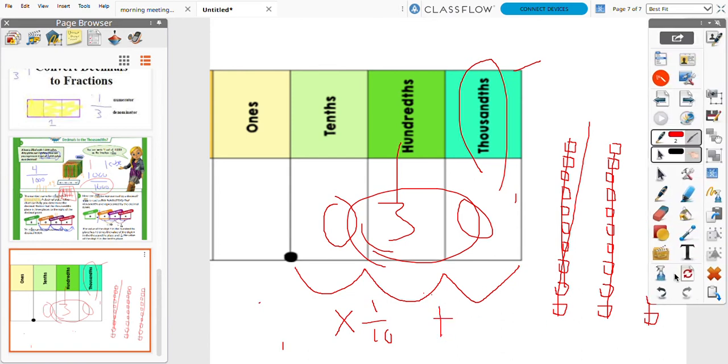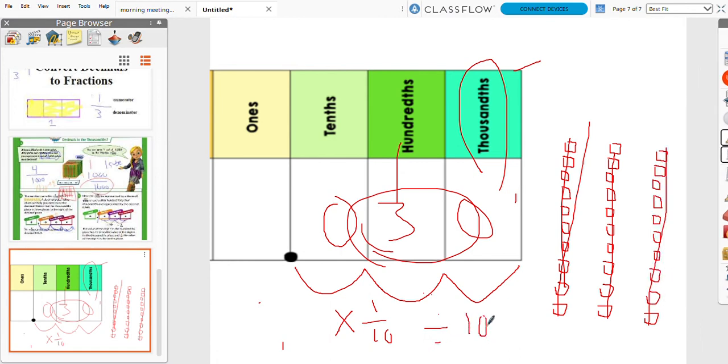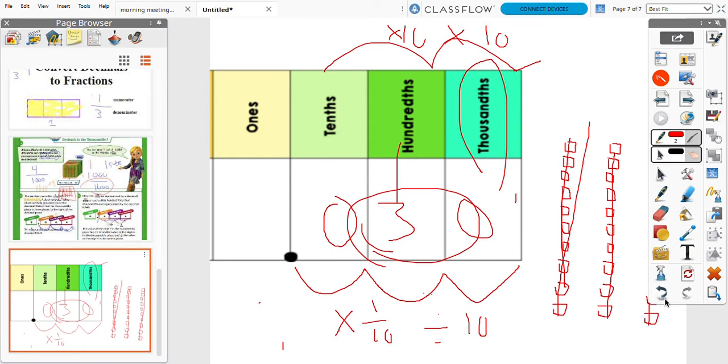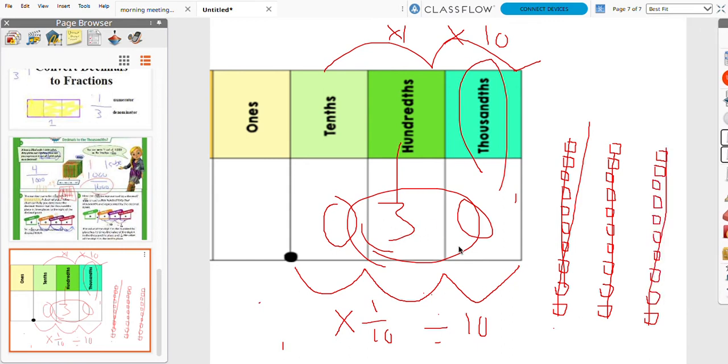But when you go this way, you are timesing by 10. So if I times that by 10, my 3 hundredths, I'm going to make sure I say this correctly for you so I don't confuse you.